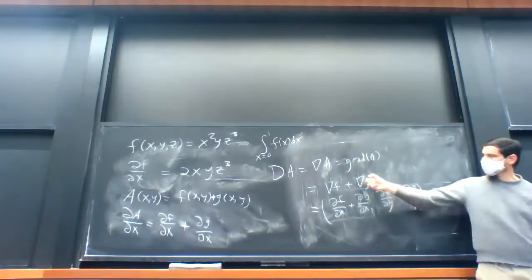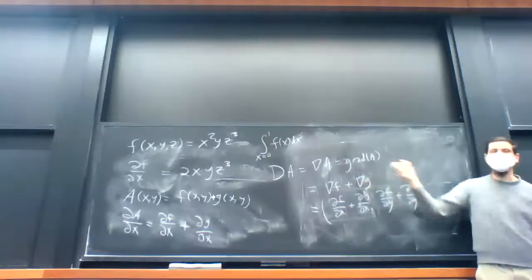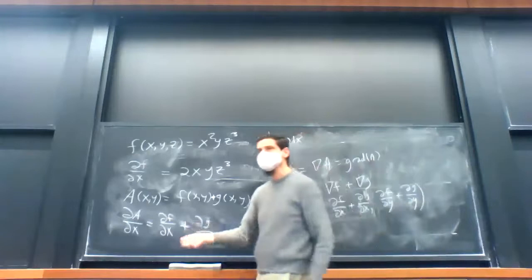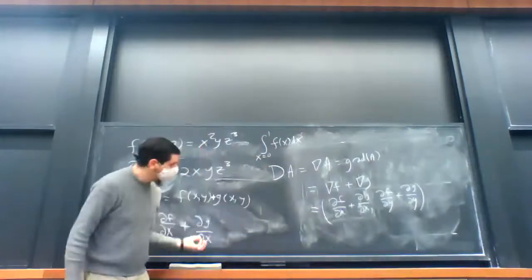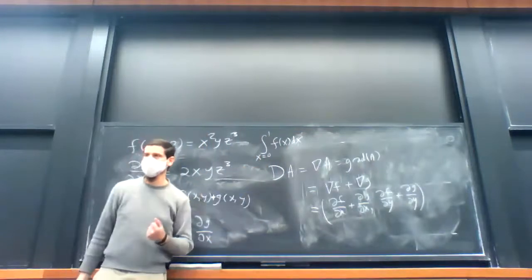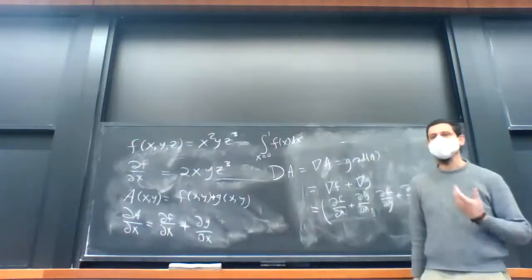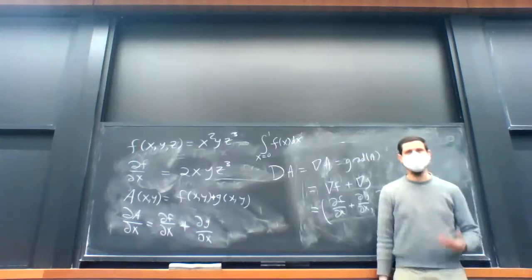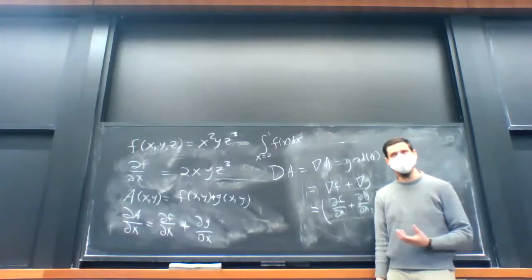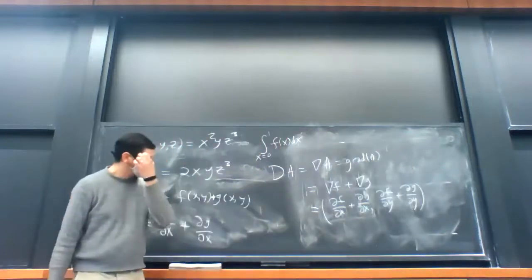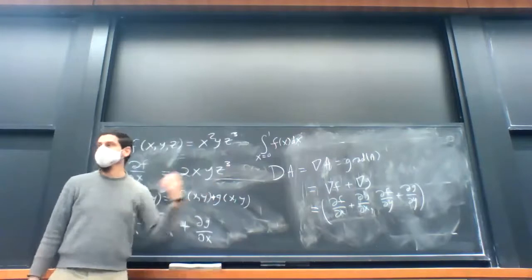It's important to remember that when I have the gradient, the triangle or the capital D, it's a vector. When I have things like this, it's just individual numbers. These are the components going into the vector. It is not a bad idea whenever you're doing problems like this to just pause and ask yourself, what beast am I studying? If I'm studying a vector, I should have more than one component.